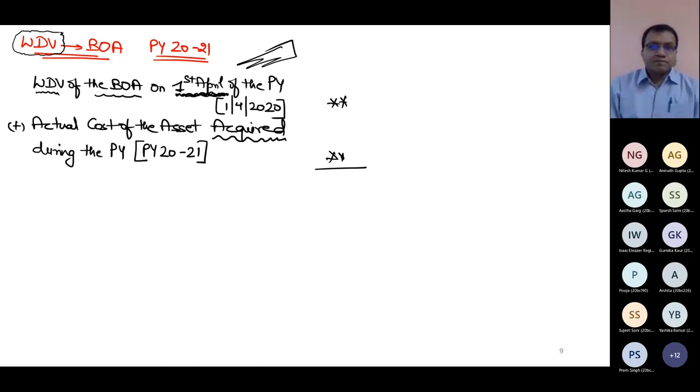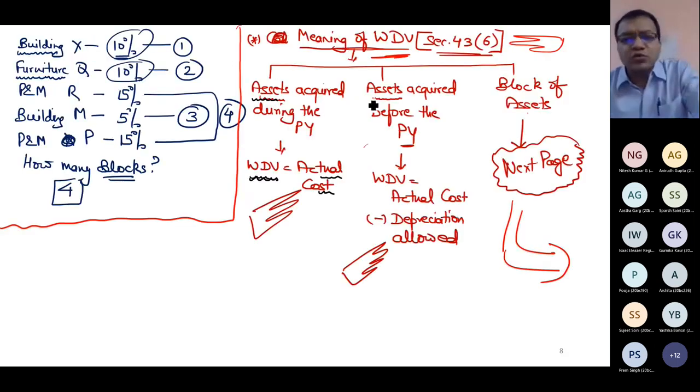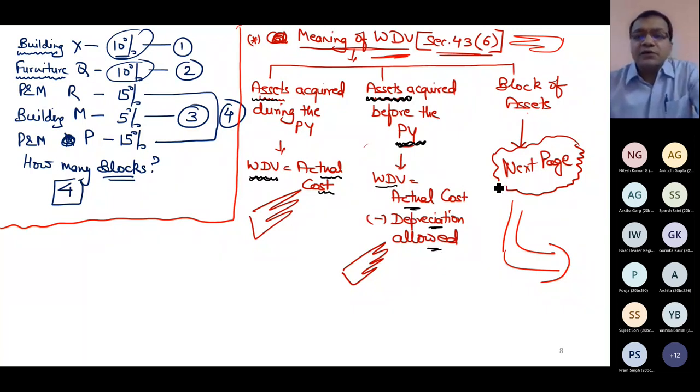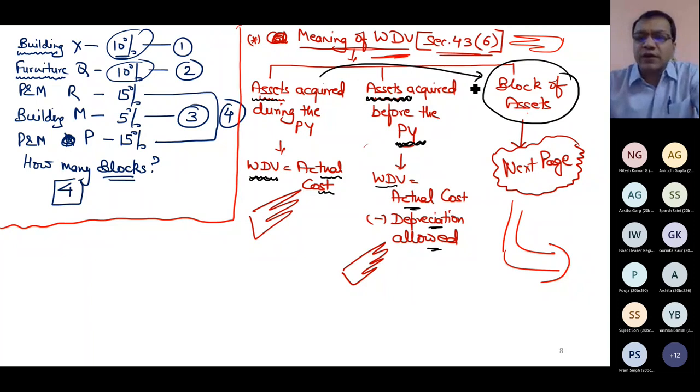After subtracting the depreciation. Yes. So that means I have used this point also. Suppose I have 5 or 7 assets which I have acquired before the previous year. What WDV is there? Actual cost minus depreciation already allowed. So while computing block of assets WDV, I have used this point as well.